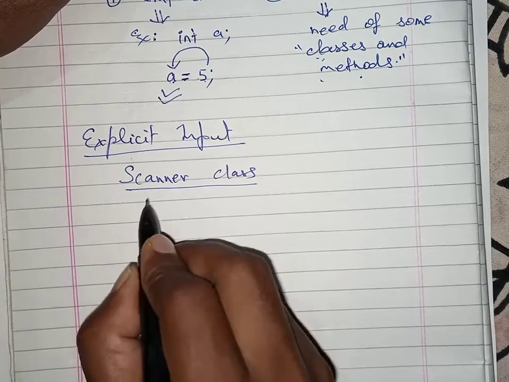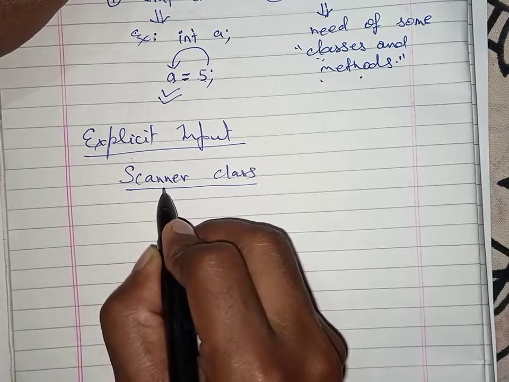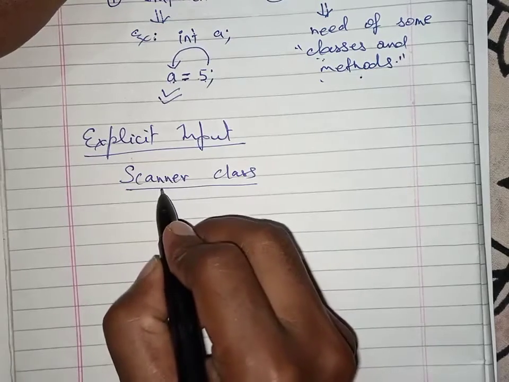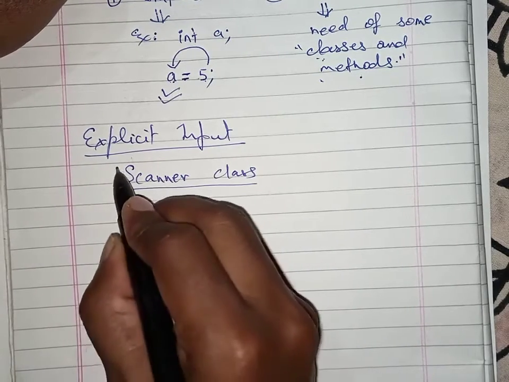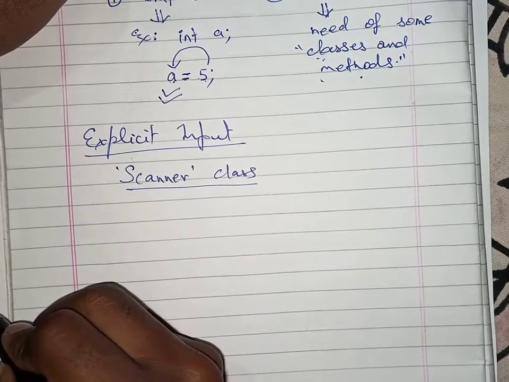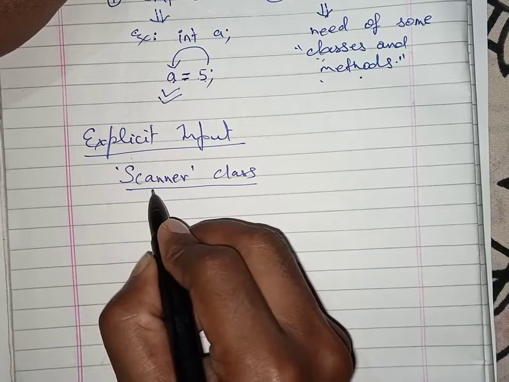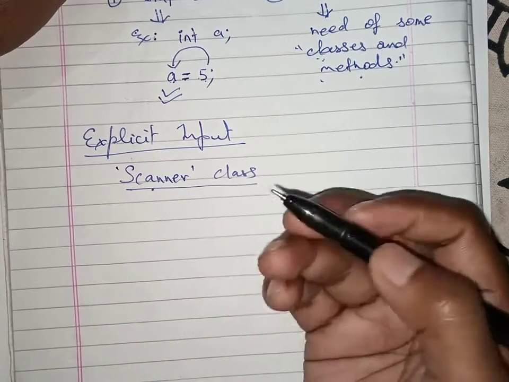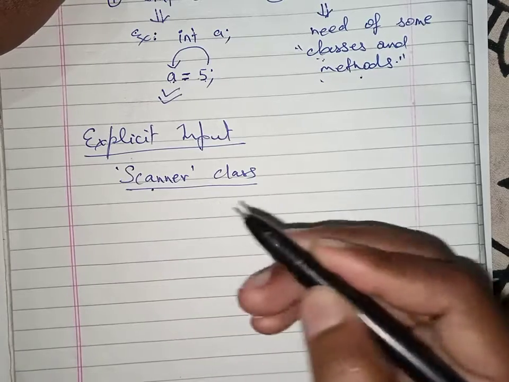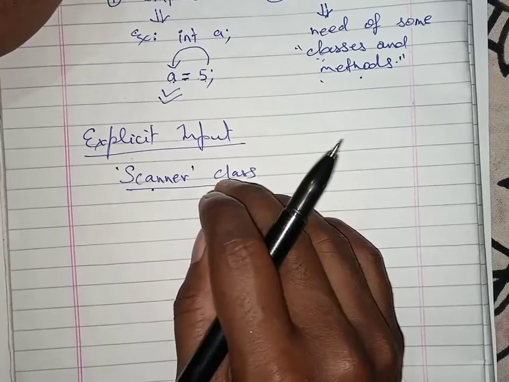If we want to use this Scanner class, then first there is need to import the util package in our program. After importing the util package, we can use this class. In the Scanner class there are many methods to perform different kinds of input operations.